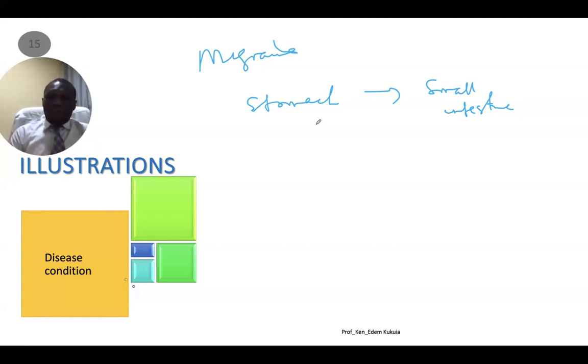And so if I am addressing migraine, sometimes we may give a drug together with the anti-migraine drug that may speed up the movement of the drug molecule from the stomach to the small intestine. And when that happens, it helps to improve the absorption for us. So those drugs that speed up the movement of the drug from the stomach to the small intestine, we call them prokinetic drugs.